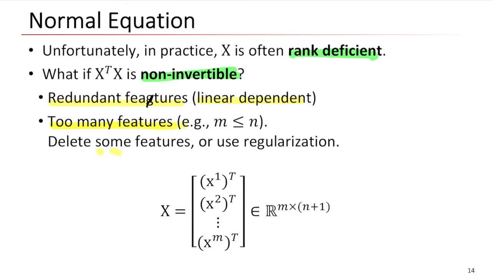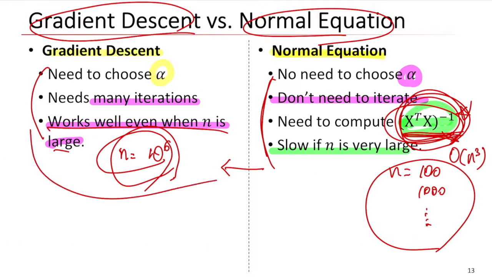In this case, we can delete some features, or we can use regularization. We will discuss this in next week's lecture. Anyway, in this case it's really hard to find the solution using the normal equation. There are some techniques to solve the normal equation even in the non-invertible case, but it's really hard and more complicated than the gradient descent algorithm.